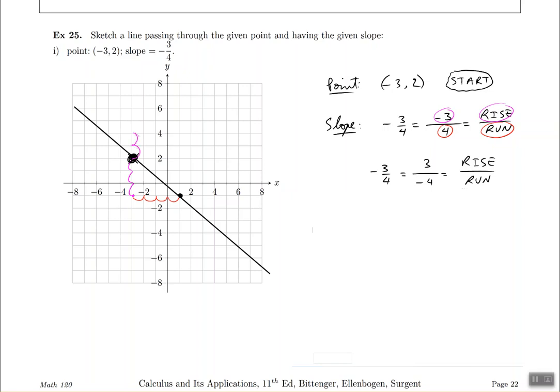So 1, 2, and 3. However, this time the run is negative 4. So from that spot, I have to run 4 times backwards. So 1, 2, 3, and 4. So it's pretty much right on the line. So that means my line is correct. So again, you don't have to do both. You just have to do one of the two to decide what the line looks like.